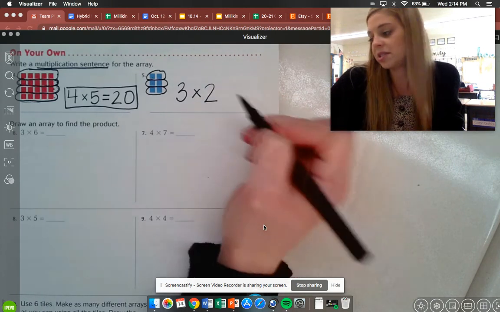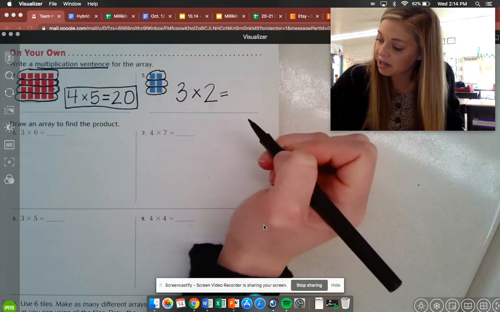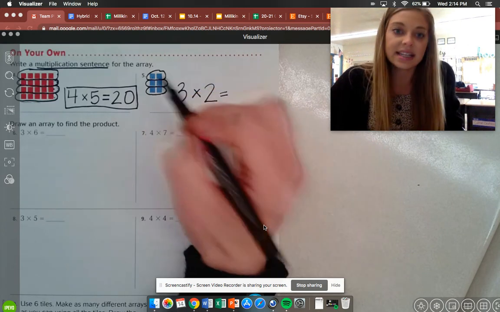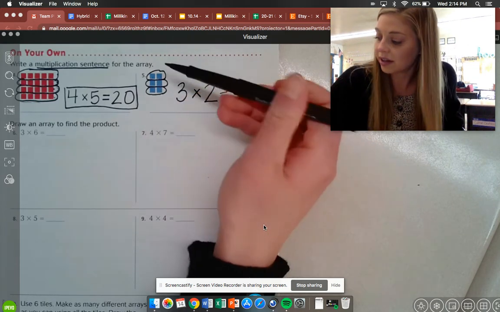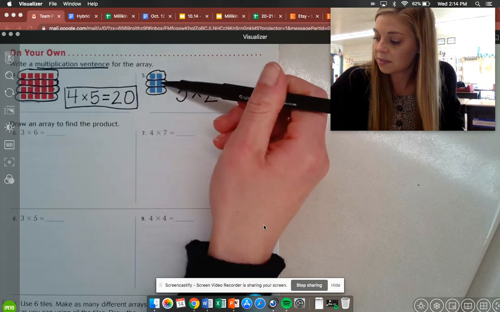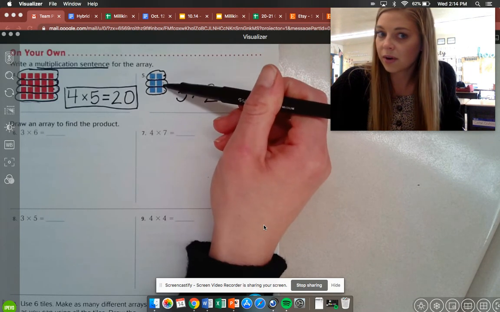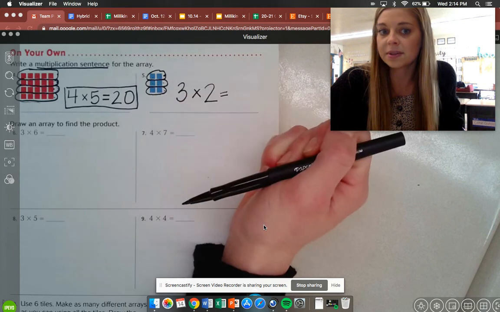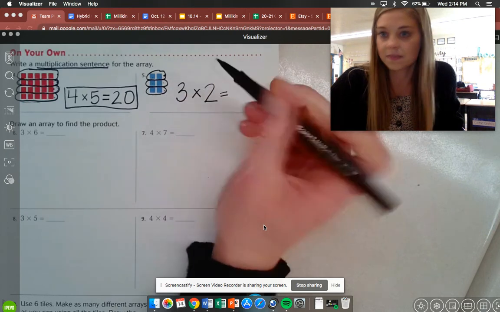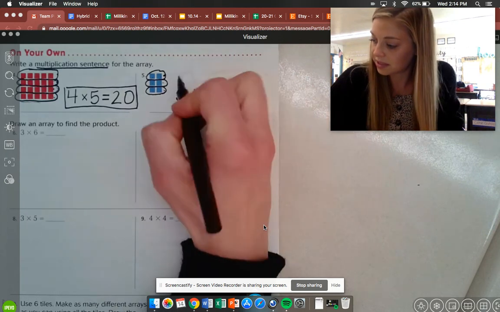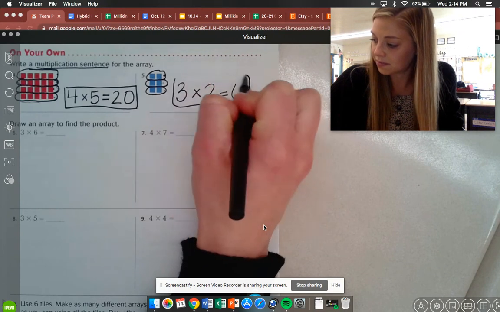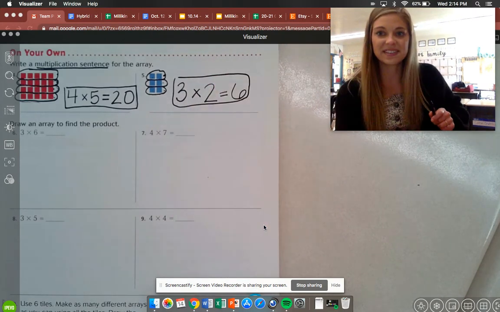So 3 times 2 equals, now I want to find how many blue tiles in all. I can skip count. I can go 2 plus 2 plus 2, or do 2, 4, 6, right? 2 plus 2 plus 2 equals 6. So 3 times 2 equals 6. Perfect.